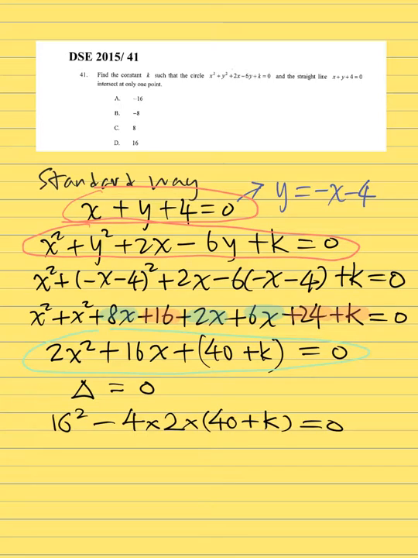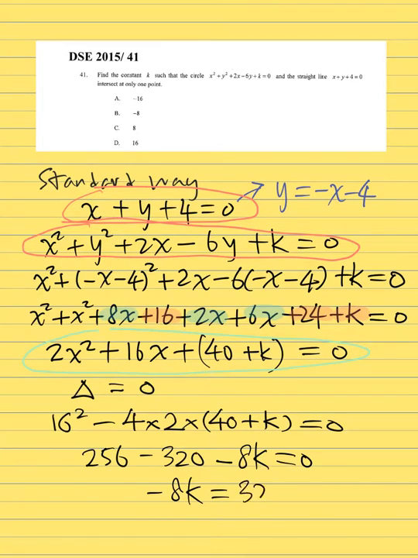We may simplify: 256 minus 320 minus 8k equals 0. So negative 8k equals 320 minus 256, which is 64, so k is negative 8.